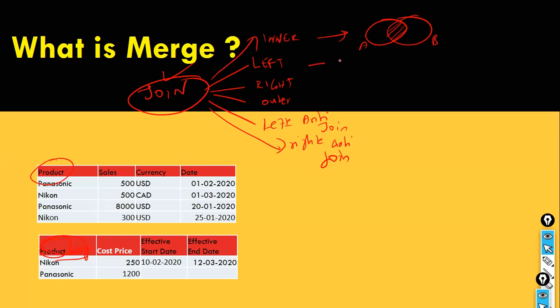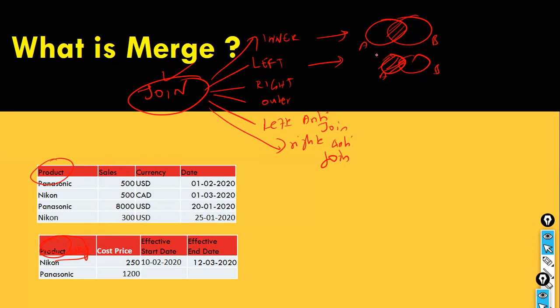Left outer join is all the values from your left side table, including the common values between these two tables, and then the rest of the values in your left side. Let's say here you have 1, 2, 3, and here also 1, 2, 3. So it will select 1, 2, 3. But here, in addition to 1, 2, 3, you have 4, 5, 6. So 1, 2, 3, the common values between the two data sets, and the remaining values like 4, 5, 6 will also be fetched.